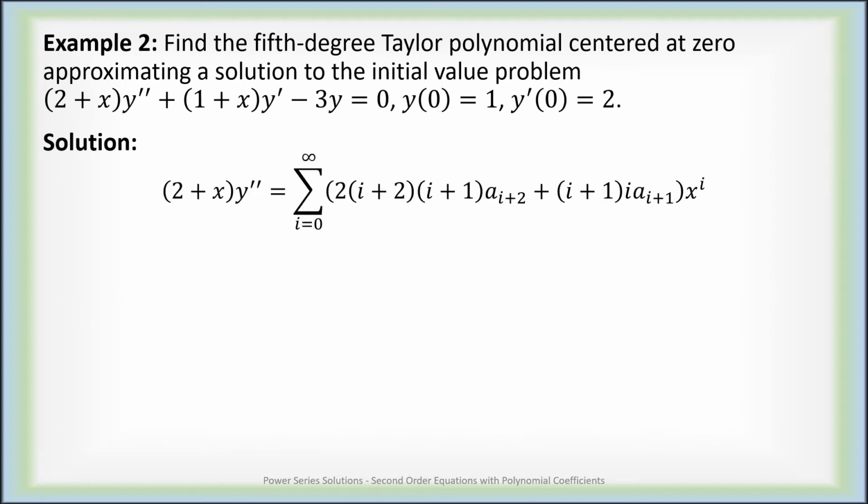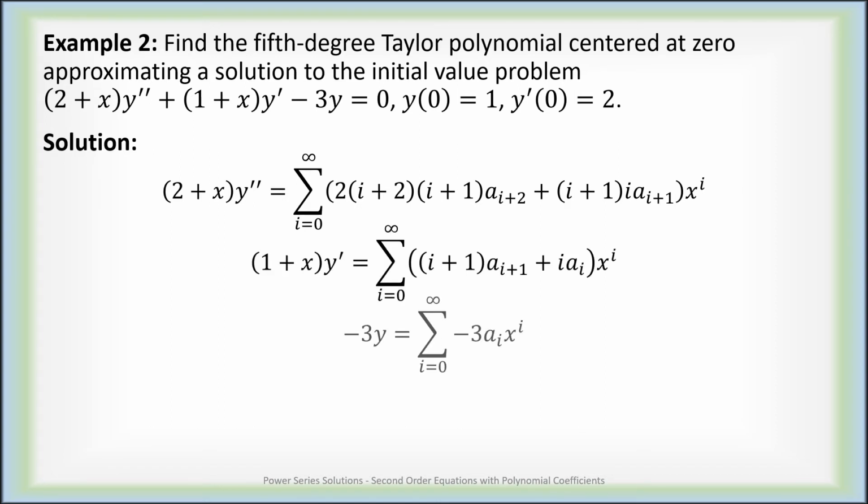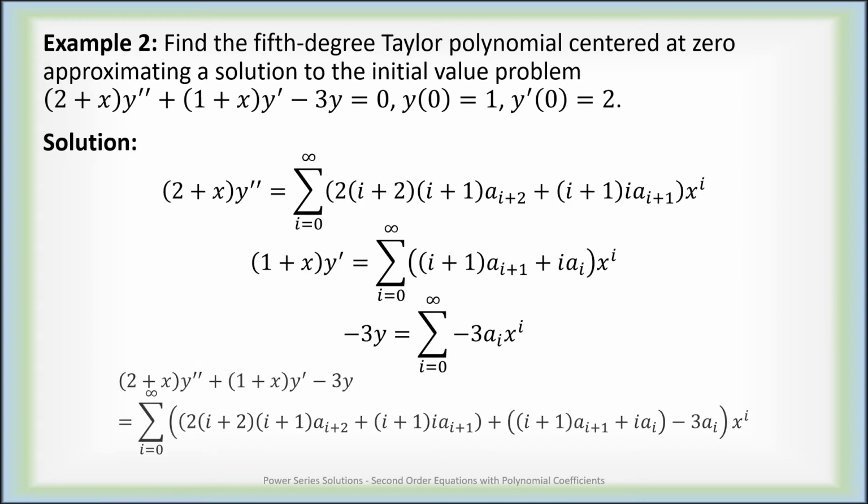So here was 2 plus x times y double prime as found on the previous slide. Earlier, we found 1 plus x times y prime, and here is the pretty straightforward minus 3y. They are all power series that have been indexed so that x to the I appears as a shared factor, and conveniently enough, they all start at index 0. So I can just add all of them together.